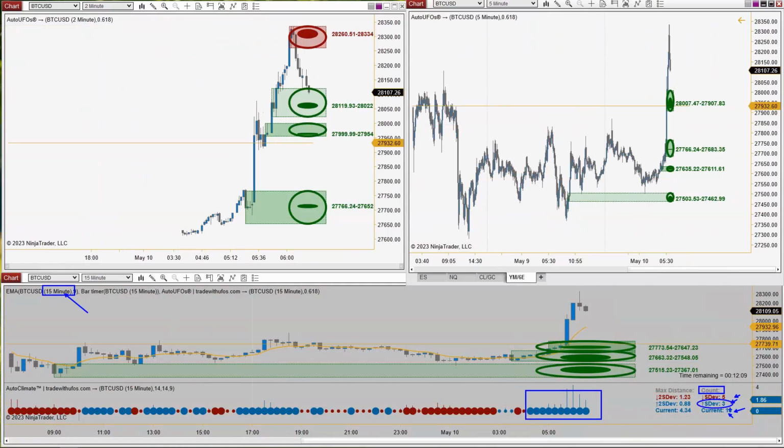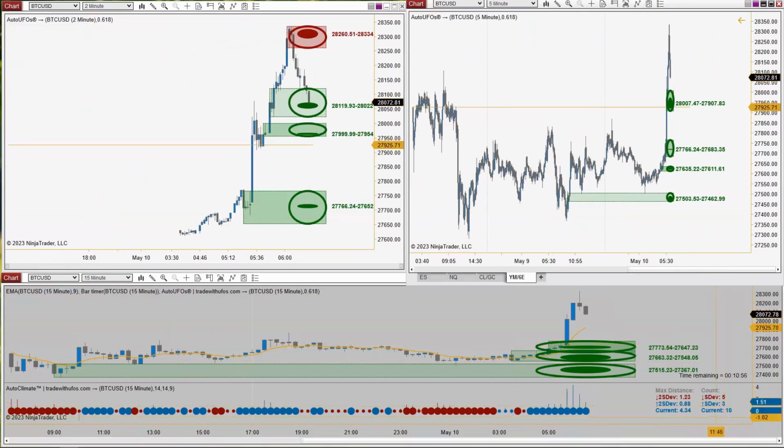So that's where things get a little bit trickier when it comes to utilizing climates and utilizing the counts, because it is a very, very specific type of approach that provides that clarity. So in this scenario, if I wasn't looking at anything else, I would just say, okay, I have no trades here, and that's it. The analysis stopped. Now, this took 10 minutes to explain, but it takes seconds to analyze once you're used to it. And that's the beauty of it.